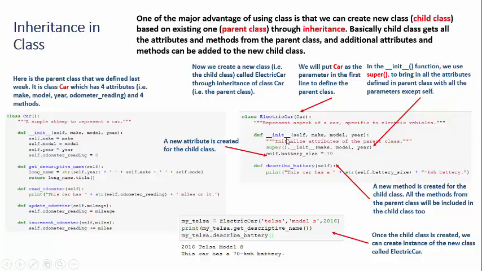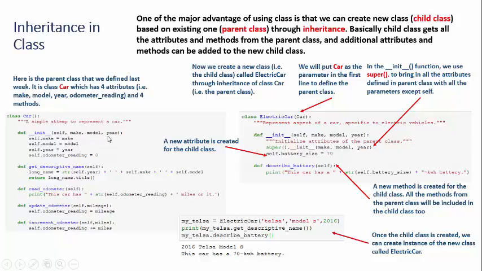And similarly, within the body, especially in the __init__ method function here, we have to put in super(), dot __init__, and put all the parameters that are specified in the parent class except the self. So there are make, model, and year. So we have the make, model, and year here.